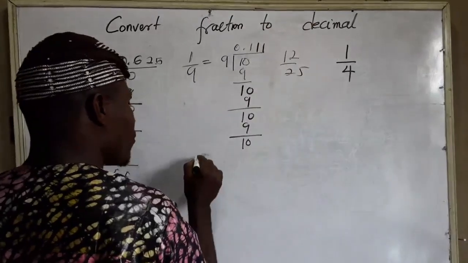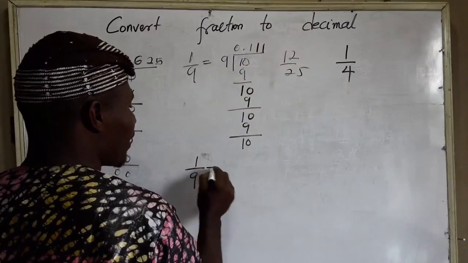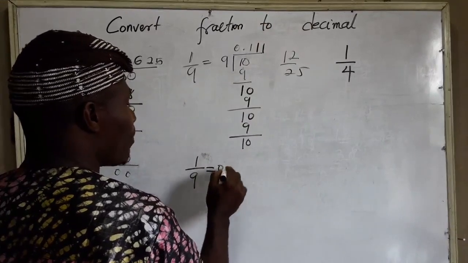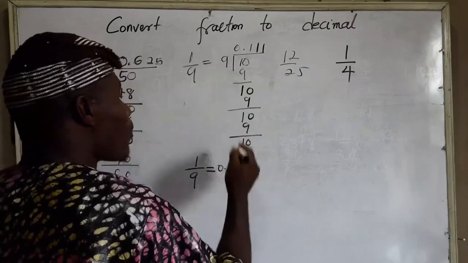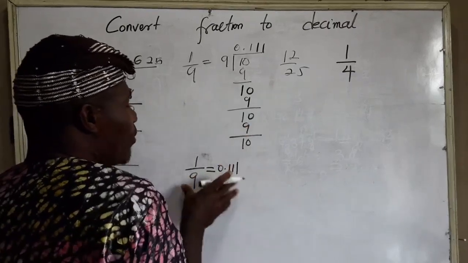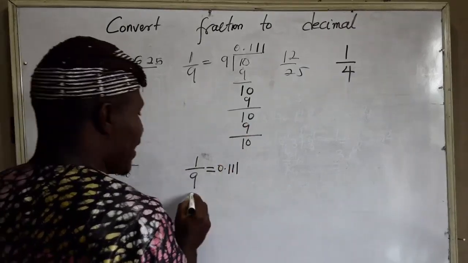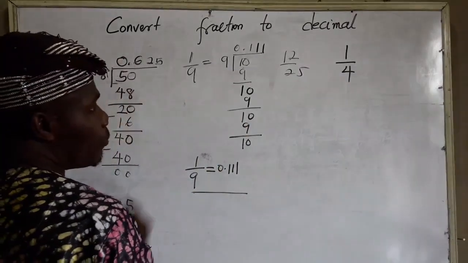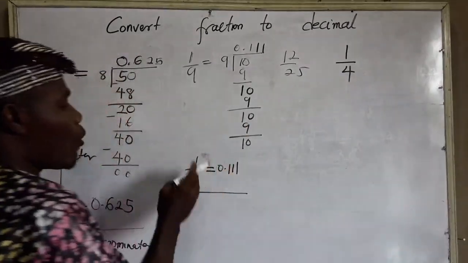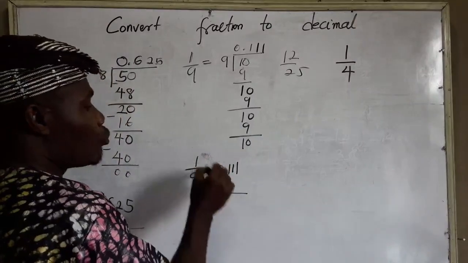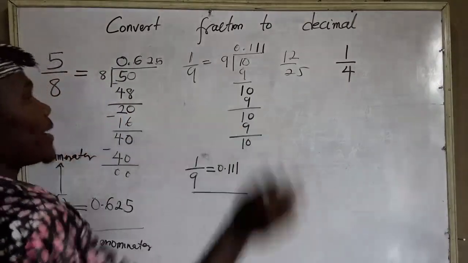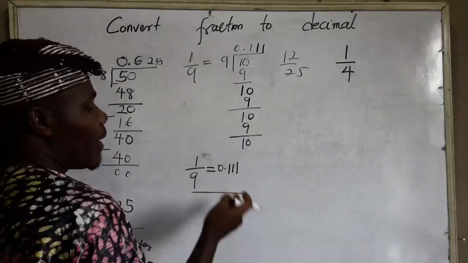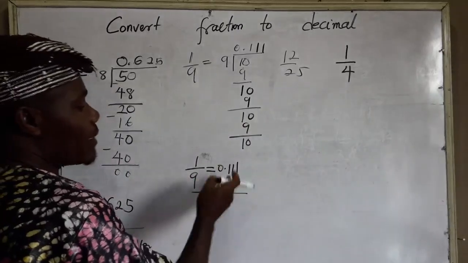Meaning that 1 over 9 is equal to 0.111. If you continue, you will still be getting 1, 1, 1, 1. That is how 1 over 9 is. Converting 1 over 9 to a decimal goes on to infinity in decimal places, but you can stop at 3 or 4.